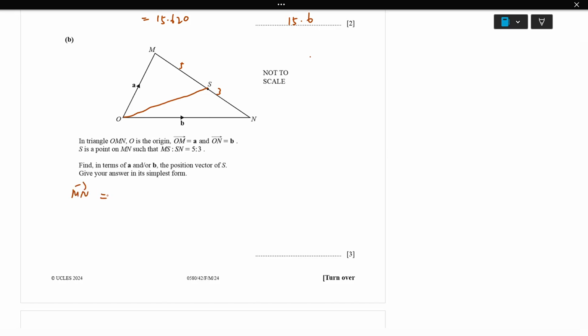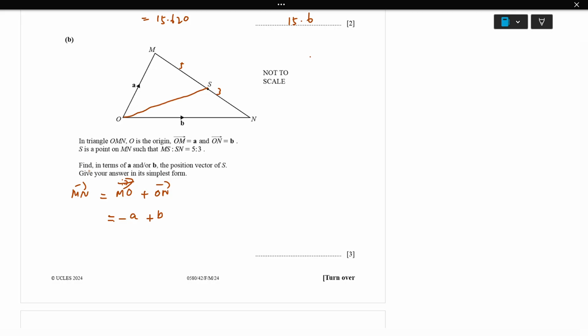MN equals MO plus ON, because we need to go this way and this way. MO is in the opposite direction, so it is negative A, plus B. So we got MN.